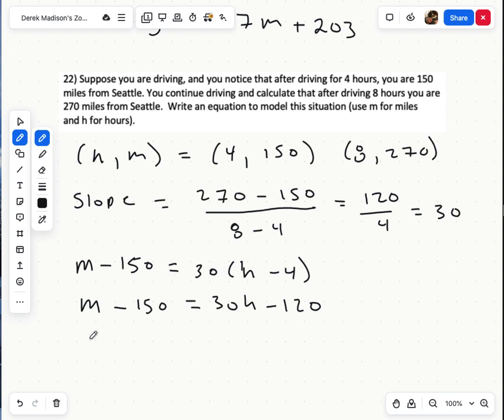Add that 150 over, and we have miles equals 30h, and then that'll be plus 30. So it looks like we're starting 30 miles outside of Seattle and then traveling 30 miles per hour, 30 additional miles each hour on the trip. Cool, hopefully that helps out with point slope form.